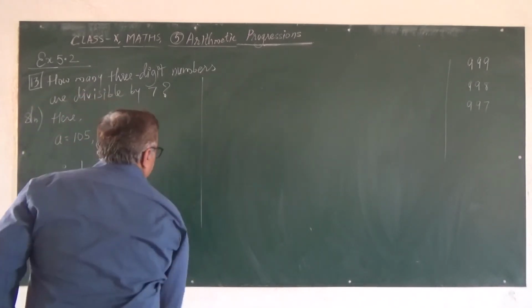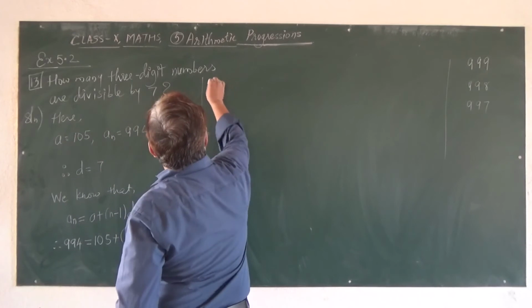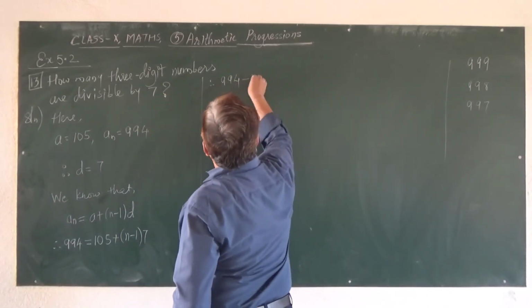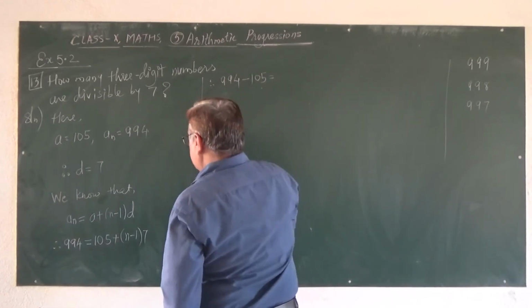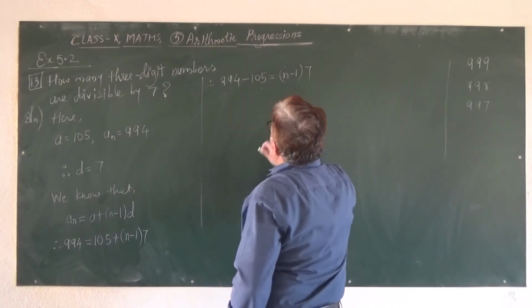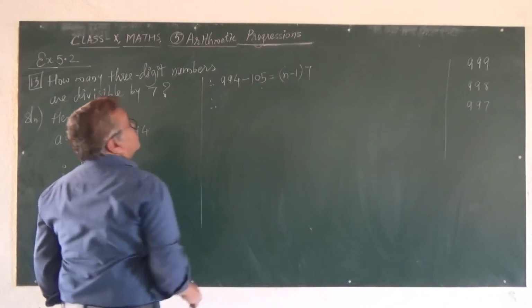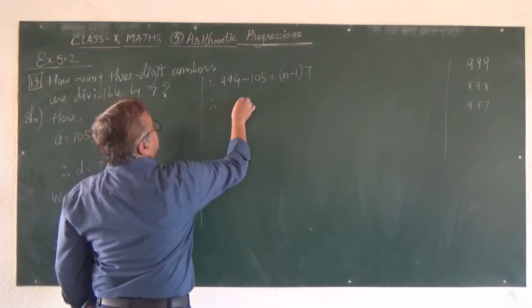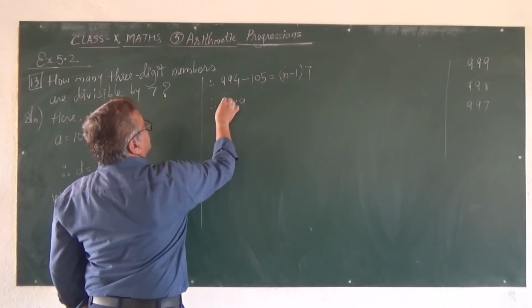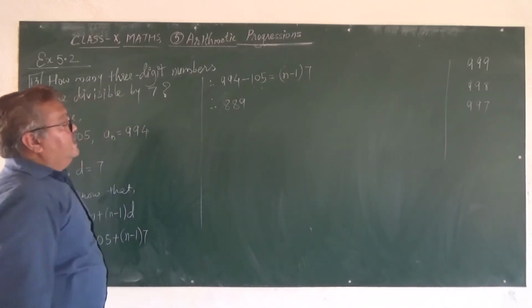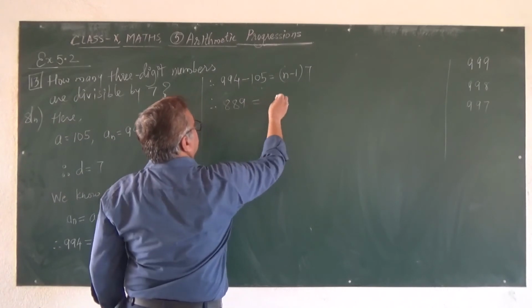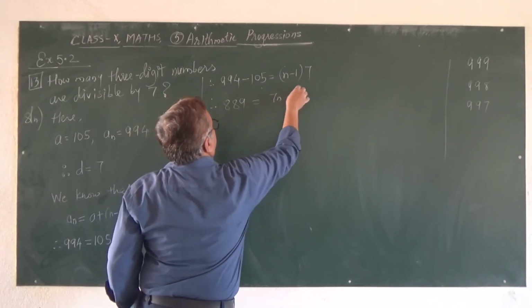Okay, let us see. Therefore 994 minus 105 is equal to n minus 1 into 7. So 994 minus 105 is 889. This is equal to 7n minus 7.